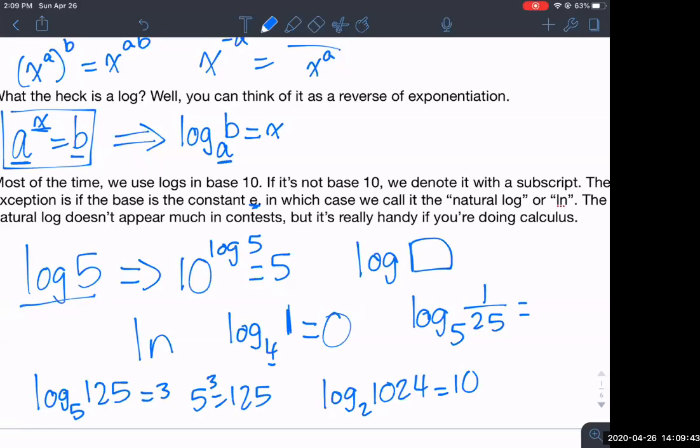That's going to be -2. The result can be negative because 5 to the power of -2 is 1 over 25.